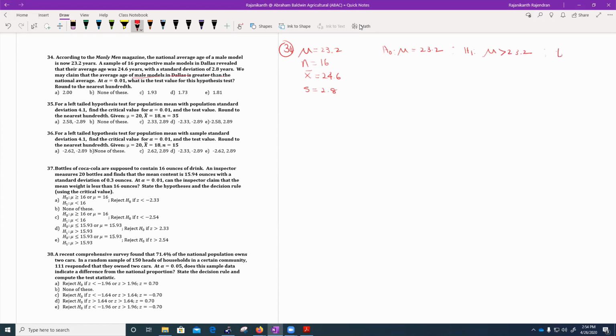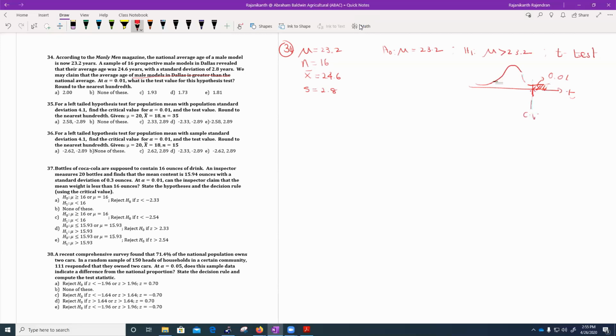Therefore, this is nothing but the t-test. Since this is the right tail test, if you look at the picture for the critical value, this is a t distribution, and this is a right tail test. This is going to be my given alpha, the significance level. This is 0.01, right? That means this is my critical value.